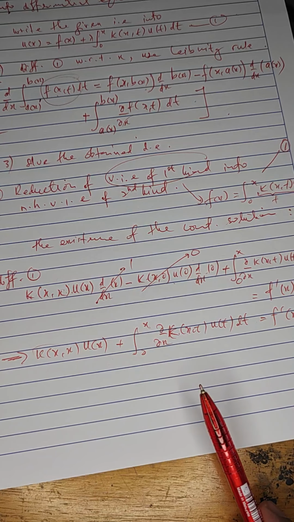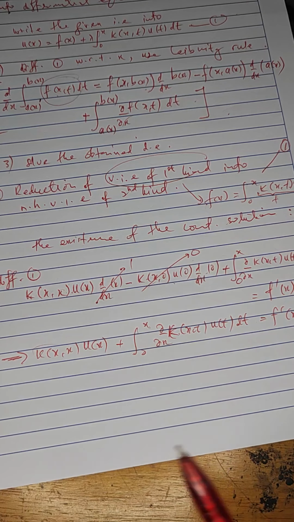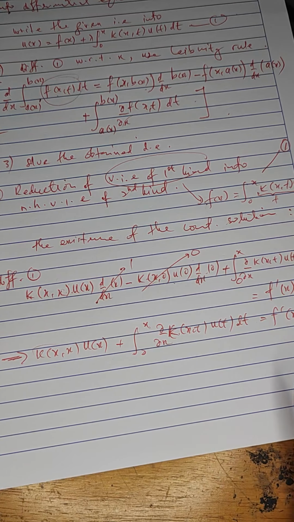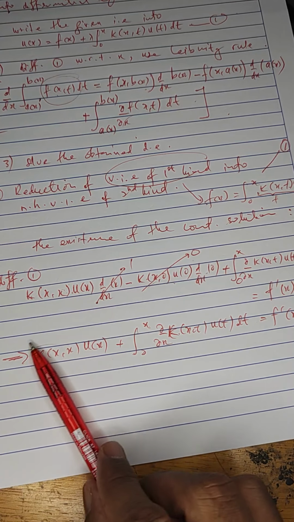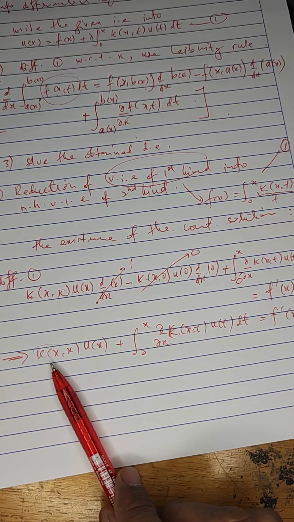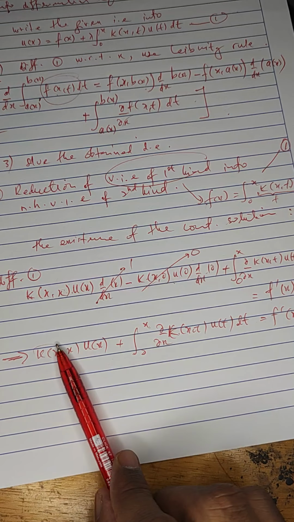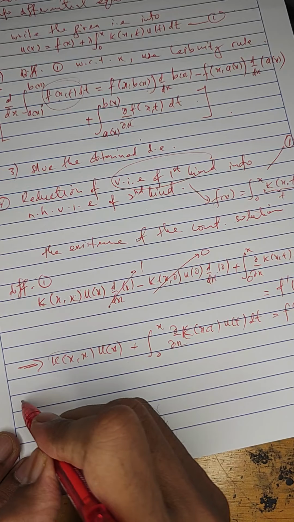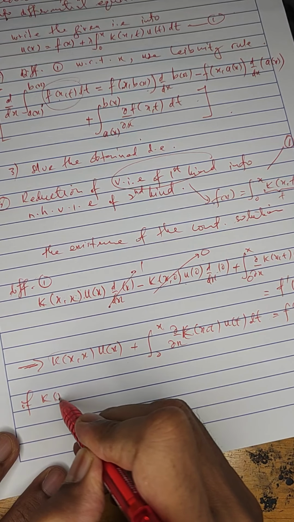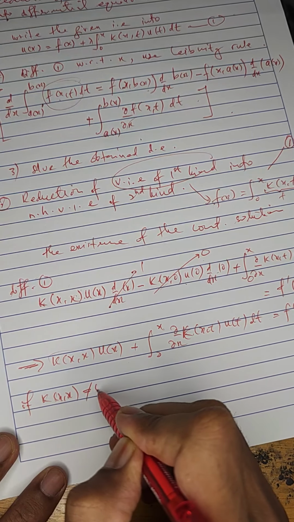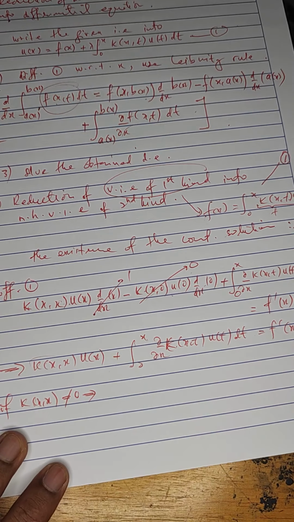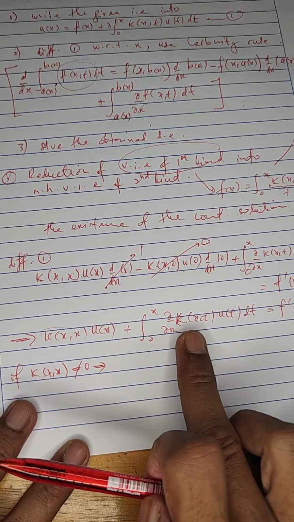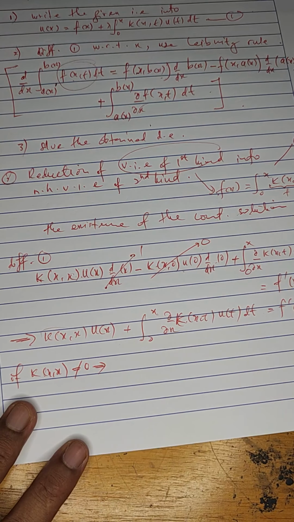we can or cannot write this as a Volterra integral equation of the second kind, depending very much on the kernel, the evaluation of the kernel at x. So if k(x,x) is different than 0, what we can do is divide through and bring that term to the right side.